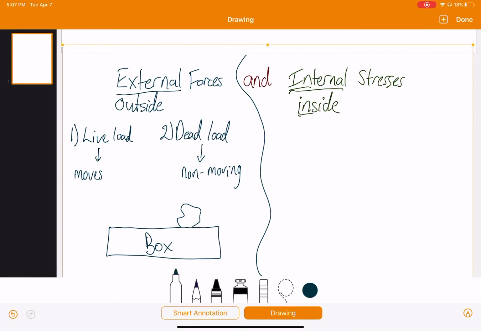It is what's considered a dead load. It's not moving, but it is putting a force on the box. It's pushing on the box, and that's creating an internal stress. So that rock is creating an internal stress of compression. The rock is trying to push the box downwards.